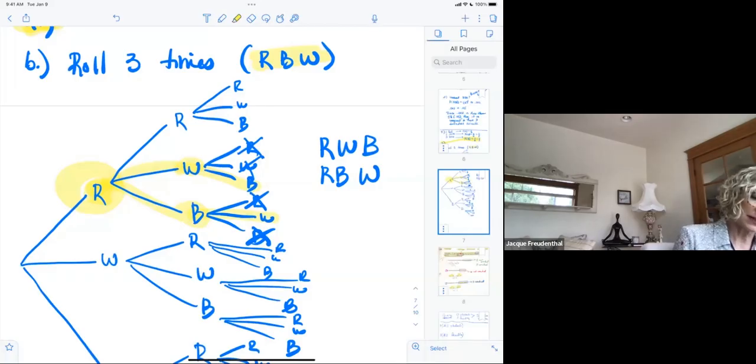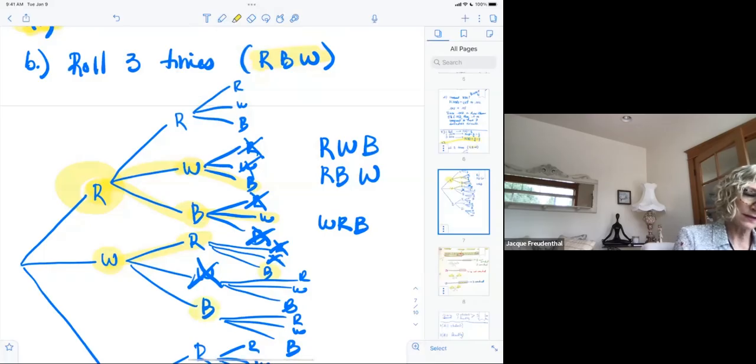in different orders? Okay, so now if I start with white, white, red, I'm not going to grab red again. I'm not going to grab white, but I will grab blue. So my next option is white, red, blue. Okay, continue that. White, and then I don't want to do white again because I already grabbed white. So white and then blue. I don't want another white or another blue, so I'm going to have white, blue, red.